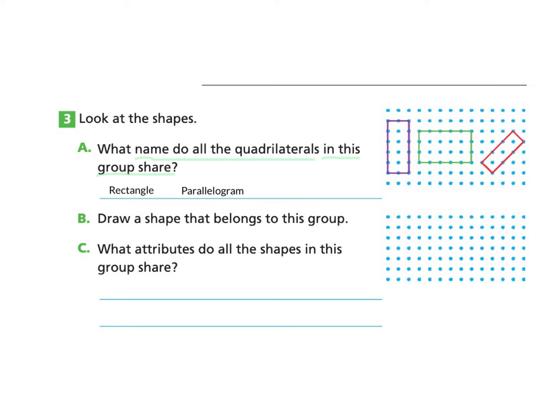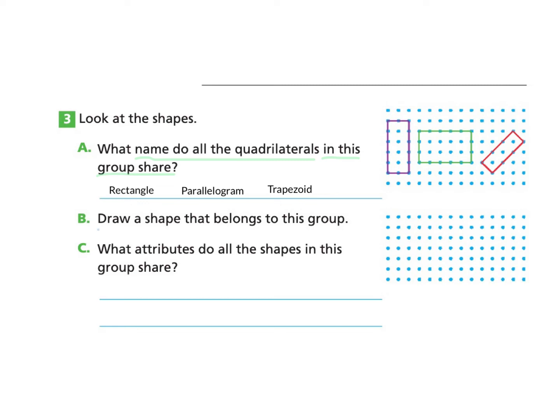They are also parallelograms because they have two pairs of parallel sides and two pairs of opposite sides that are equal in length. And I know these are trapezoids because the quadrilaterals have at least one pair of parallel sides.